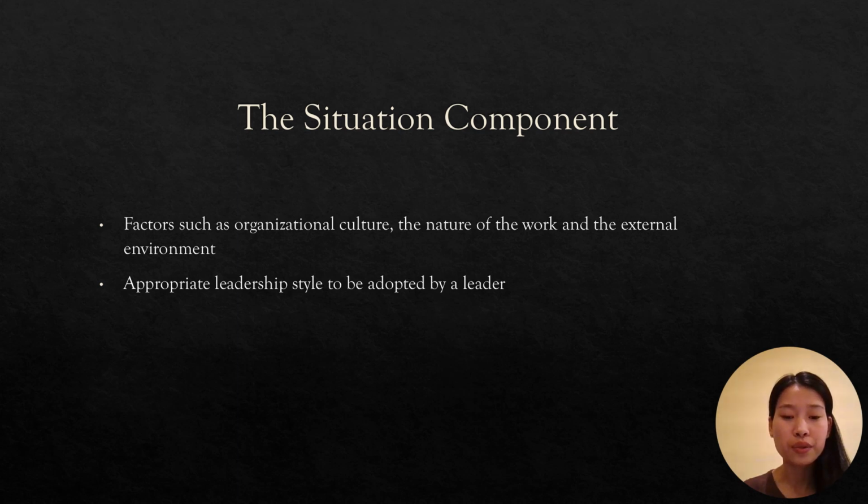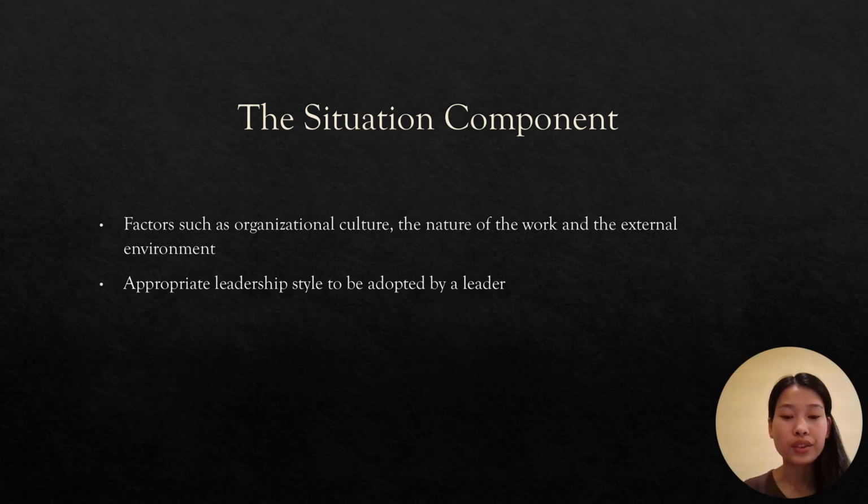Organizational culture refers to the policies and the processes that the organization strictly follows and the activities that they do according to the ways that they have been doing for so many years.